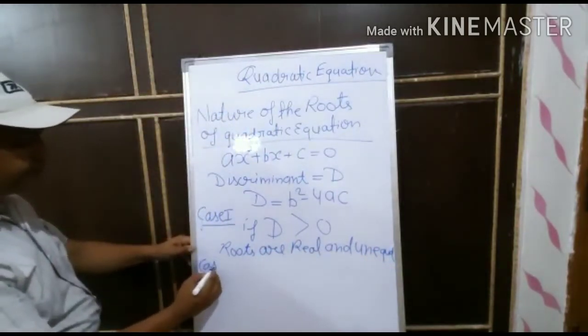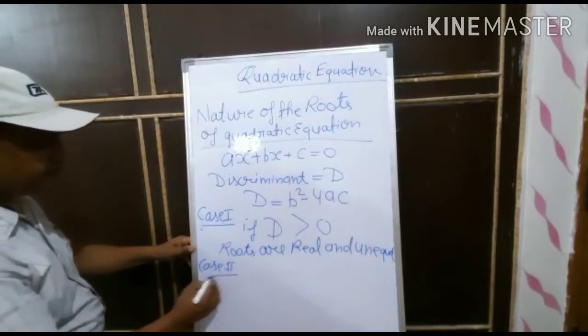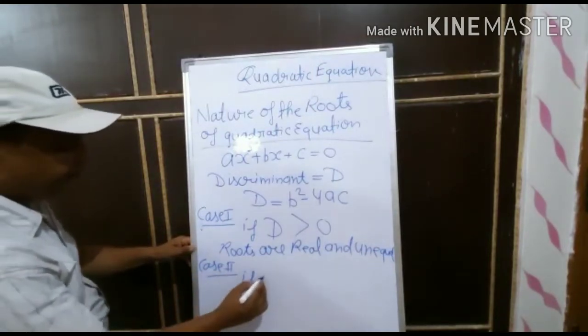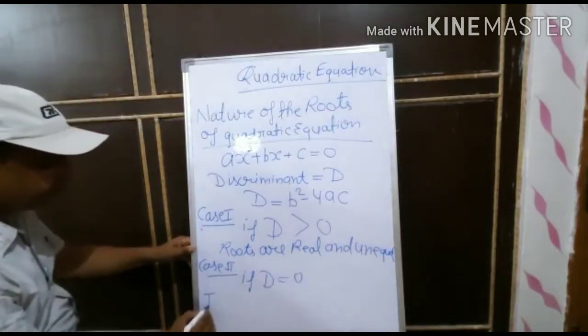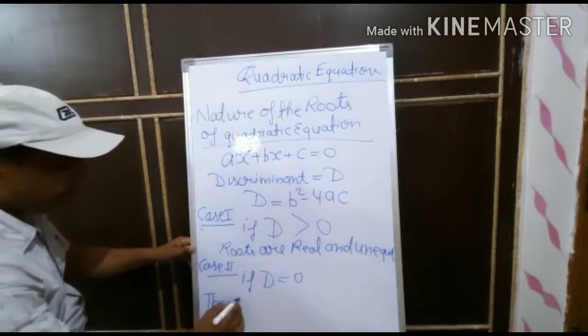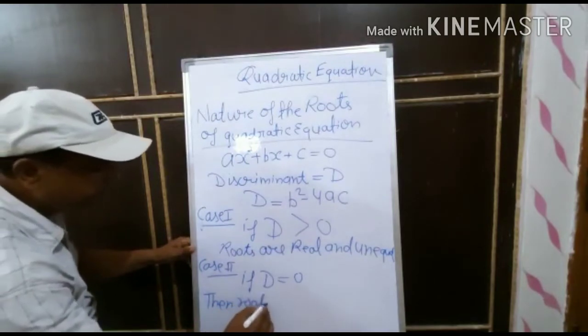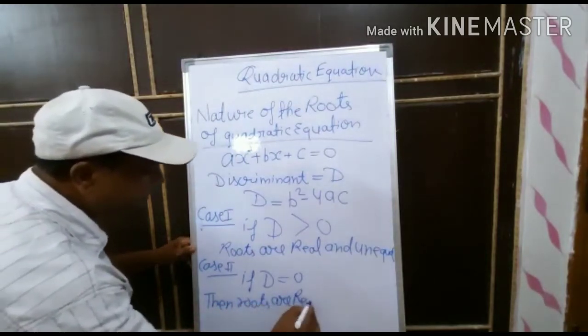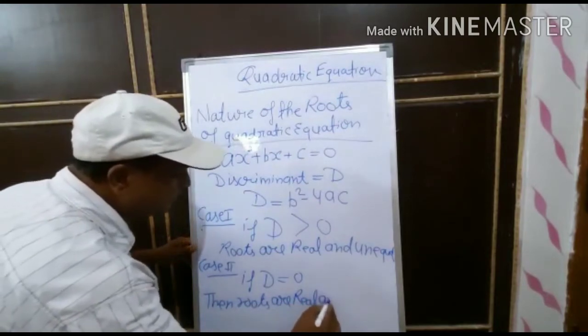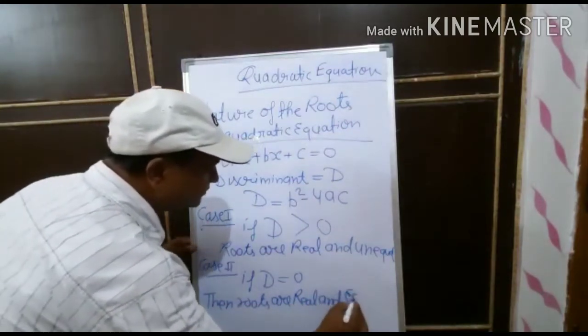Case 2. If the value of D is equal to 0, then roots are real and equal.